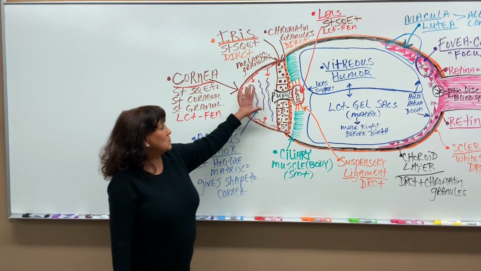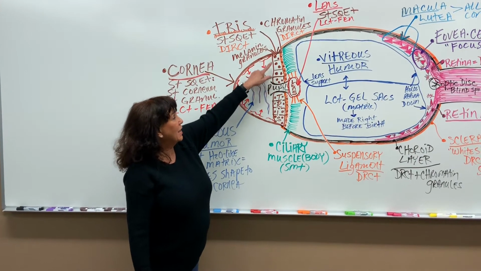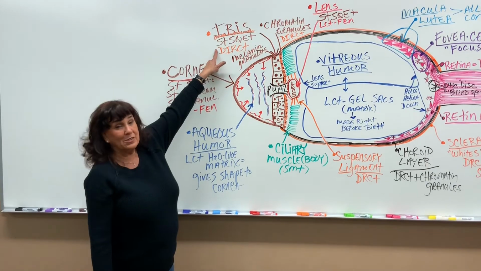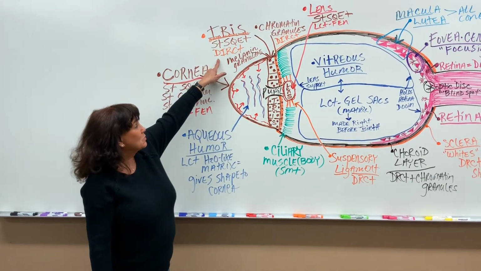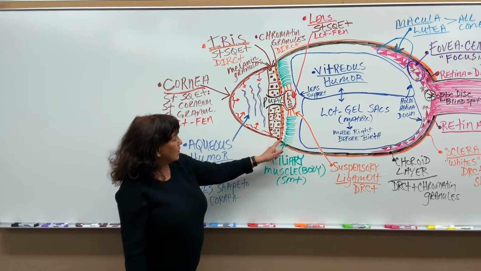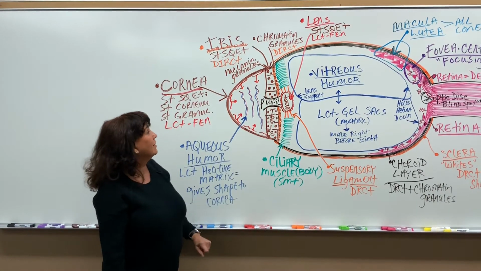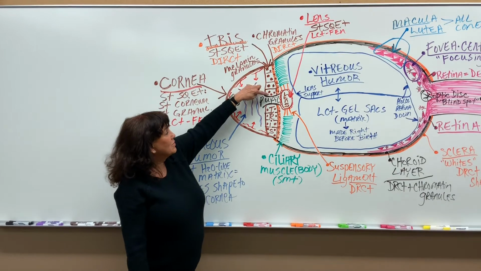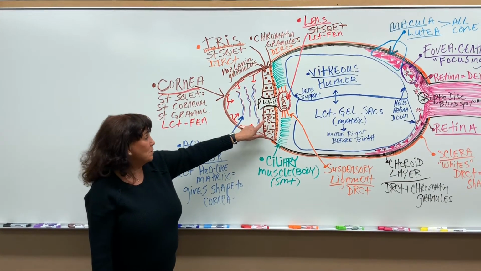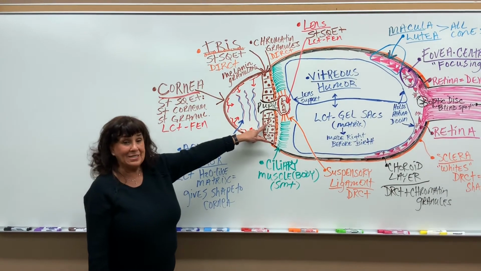So what does it protect? It's going to protect the iris right here, the iris that's made out of stratified squamous ET and dense irregular CT underneath it, the little circle layer right there. And so the iris, you know already, deflects light rays, and it's got melanin in it if it's the ET cells.